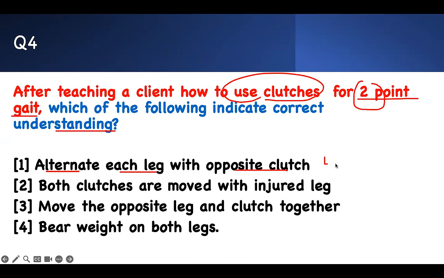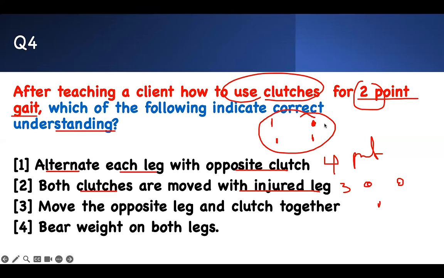That is a 4-point. When both crutches are moved with the injured leg, so this crutch is moved with the one injured leg, you can count 1, 2, 3. This is 3-point. The other is 4-point because you move one crutch, then one leg, then another crutch, then the other leg. So there are 4 points of attachment. For the 3-point, you move the two crutches and one leg together.